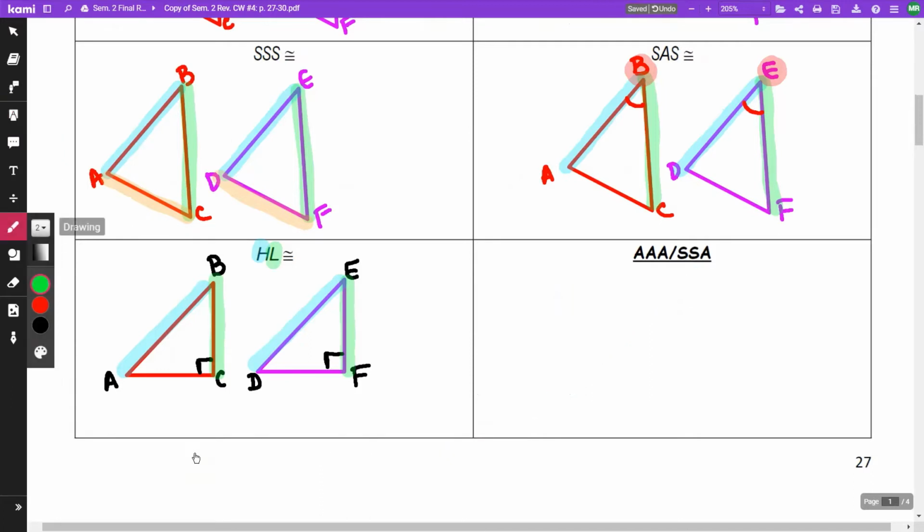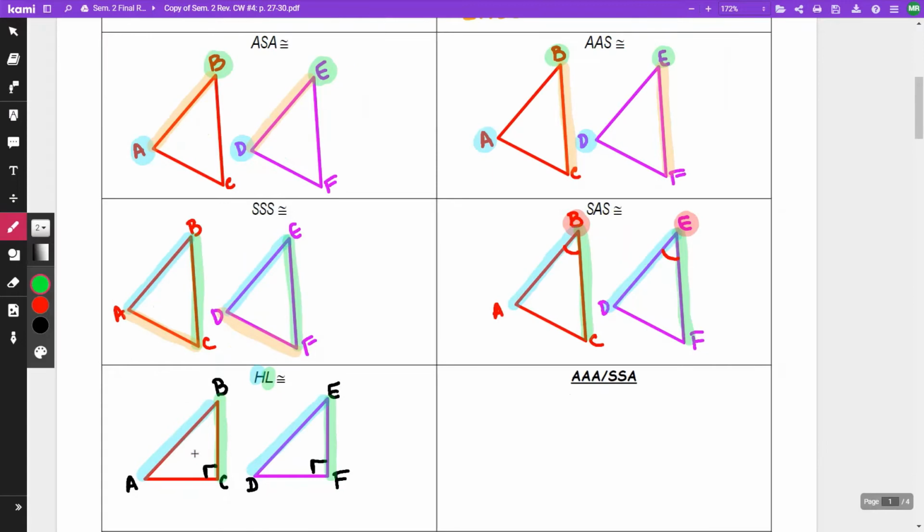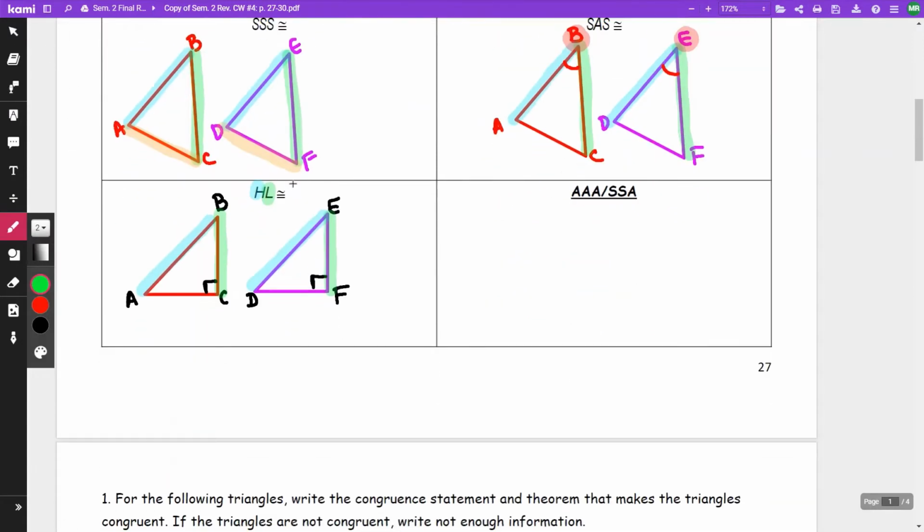Now, both of these ones are not ones that are congruent triangle situations. So let me just copy a triangle.